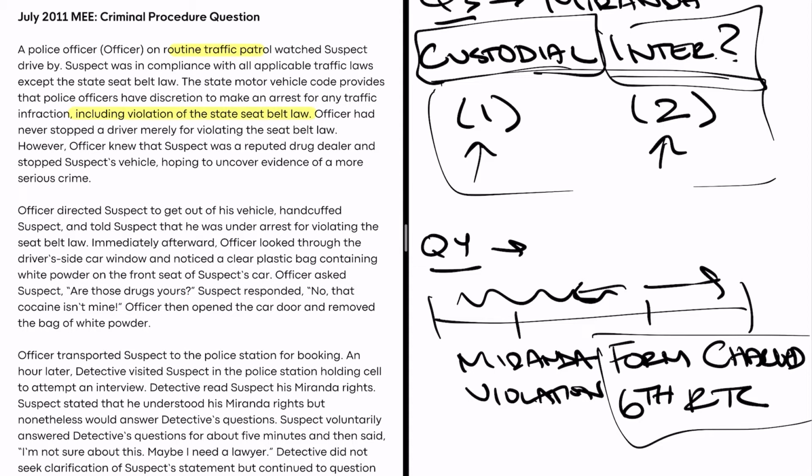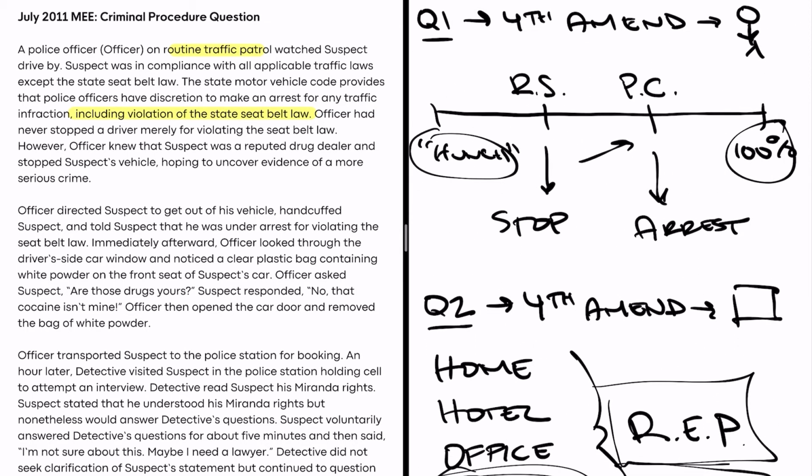Officer had never stopped a driver merely for violating the seatbelt law. However, officer knew that suspect was a reputed drug dealer and stopped suspect's vehicle, hoping to uncover evidence of a more serious crime.